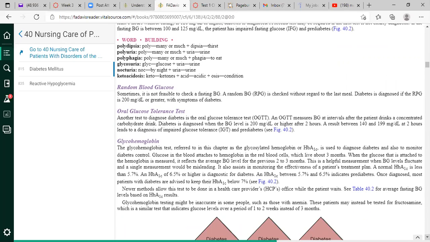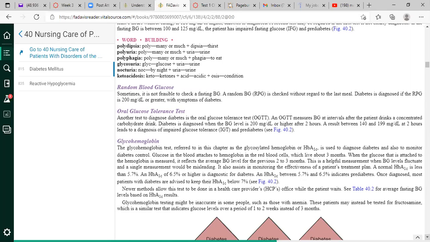It talks about the glycohemoglobin, another word for HbA1c, which measures the blood sugar for a 2 to 3 month period, typically a 3 month period. HbA1c is used to diagnose diabetes and also to monitor diabetes control.